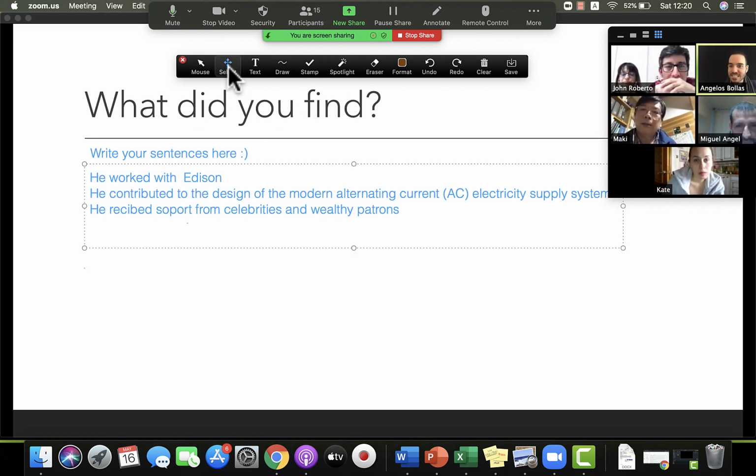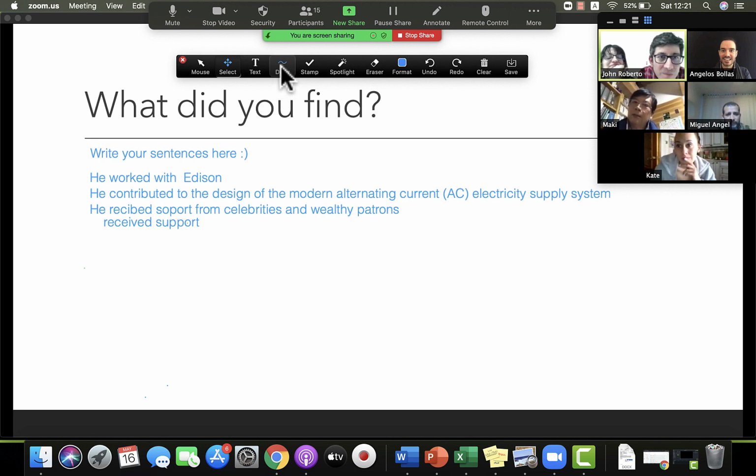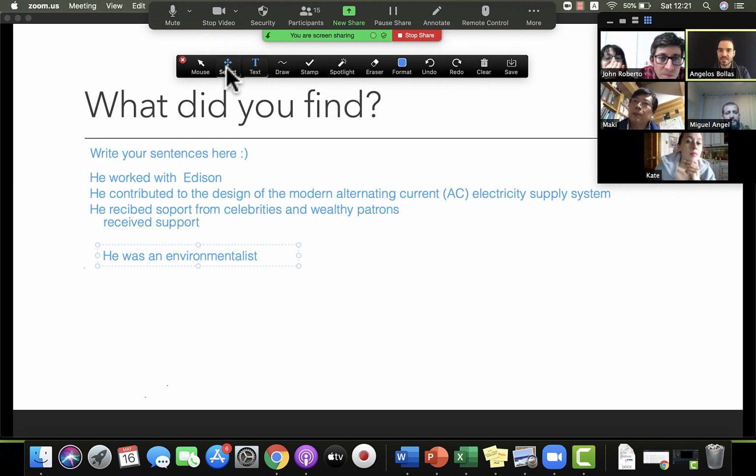So we have 3 sentences already here. Anyone else? Anyone else has written anything? Tesla was an environmentalist. He was an environmentalist. Okay, I will add it here.